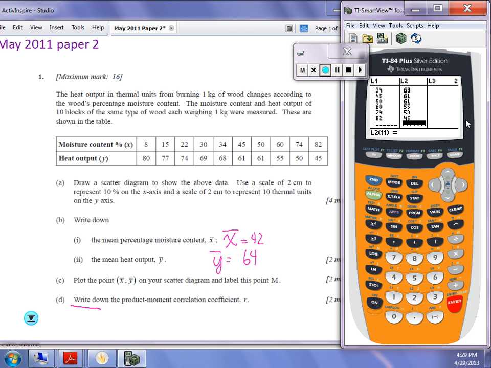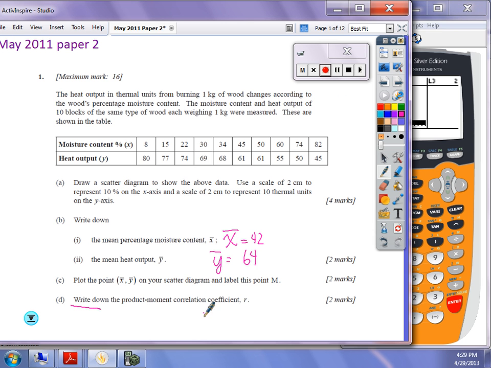Go back and calculate the line of best fit, or the regression equation. So you're going to do Stat, Calculate, and option 4 on your calculator is LinReg. When you hit enter, since you've turned your diagnostics on, you'll see that the correlation coefficient is negative 0.99, and I think it comes out to be 7 something, some other higher number after the 7.